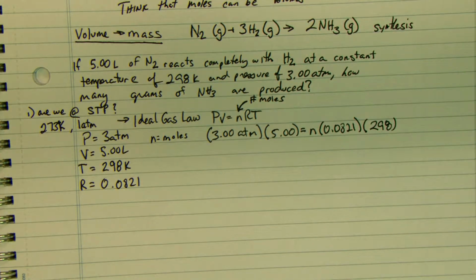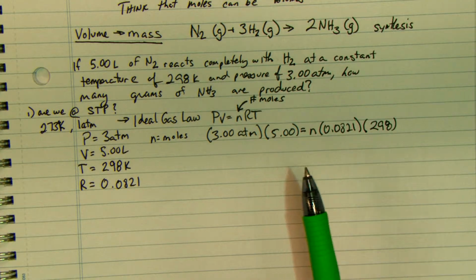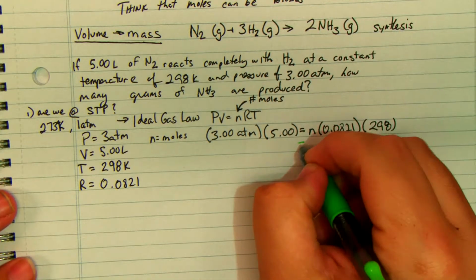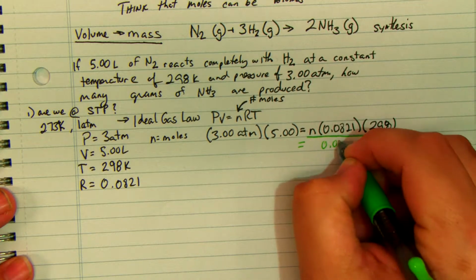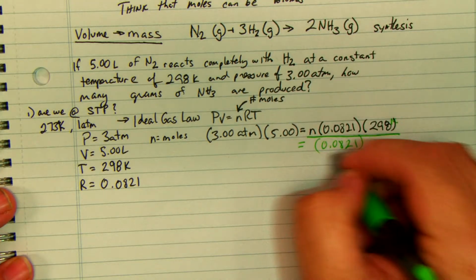So first off, volume to mass: if you're given a volume, we actually have to convert it to figure out how many moles we have. So it's a little bit different than what we've done before. Any questions on how we set that up? And we're doing our ideal gas law with that. Now, what we're going to do is divide by the 0.0821 times the 298.